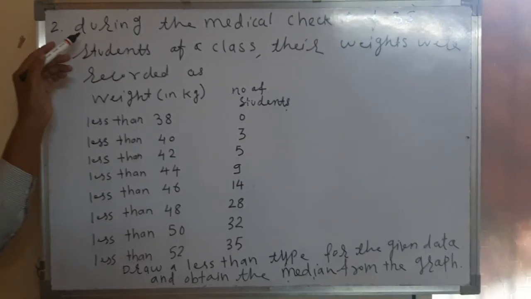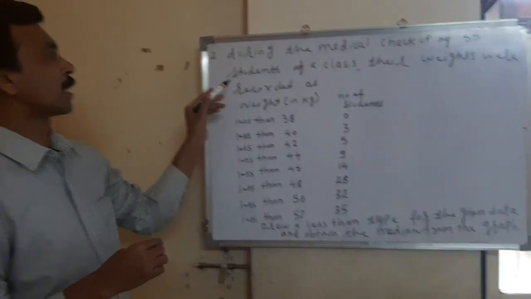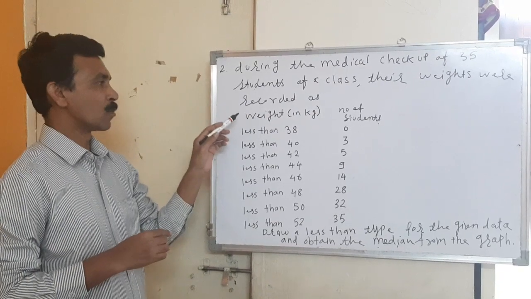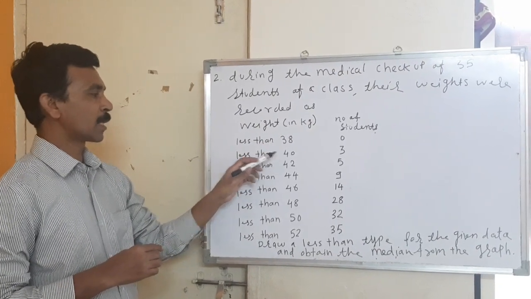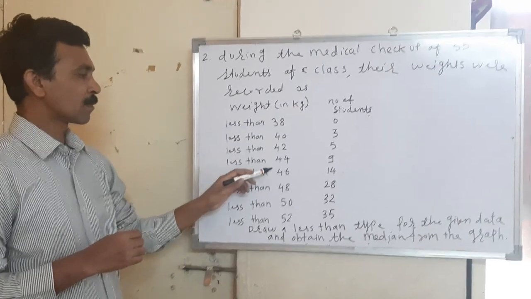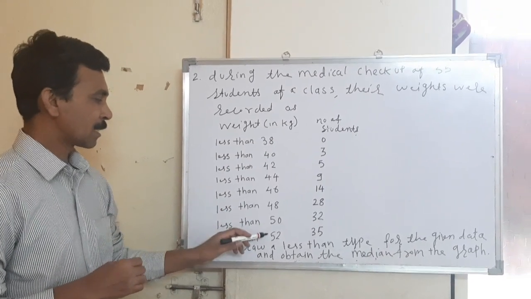Now the second sum. During the medical checkup of 35 students of a class, their weights were recorded as weight in kg: less than 38, less than 40, less than 42, less than 44, less than 46, less than 48, less than 50, less than 52.